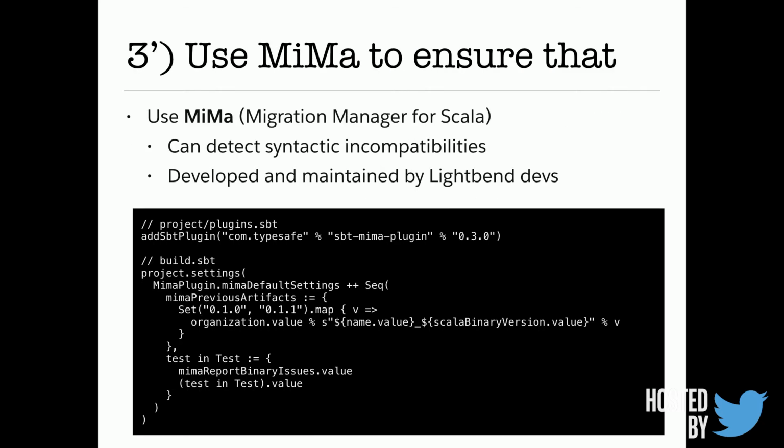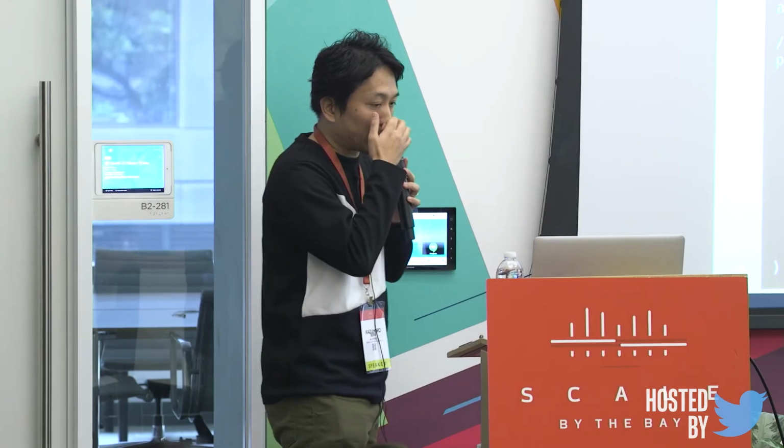MiMa is a very powerful tool, and MiMa stands for Migration Manager for Scala, and MiMa can detect binary incompatibility by comparing the current source code in your sbt project with the previously released versions. It fetches the jar files from Maven Central, compares the binaries, and detects unexpected potential issues.